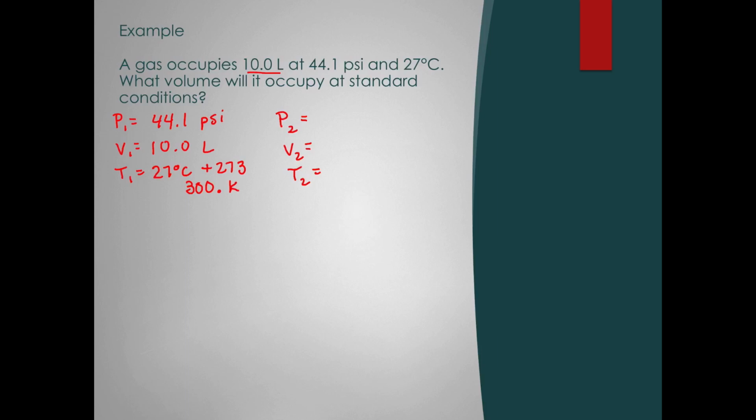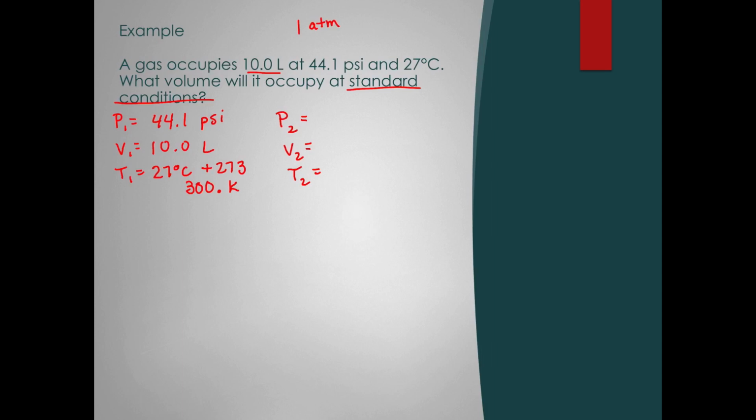It says standard conditions, so that means STP, okay? So our STP pressure would be 1 atm, but we can't use this in atmospheres because our initial pressure is in psi. You could convert your initial pressure to atmospheres if you like, or you can just use P2 in your standard conditions.